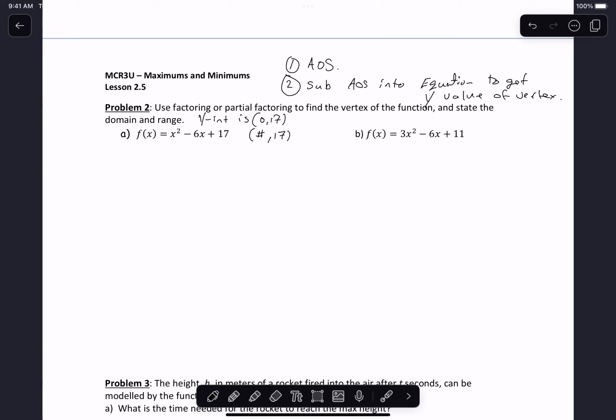So I'm going to replace f of x with 17, and look for the x values that make that true. What inputs need to go in to give me an output of 17? That's all that's happening here. So 17 is going to replace the function notation.